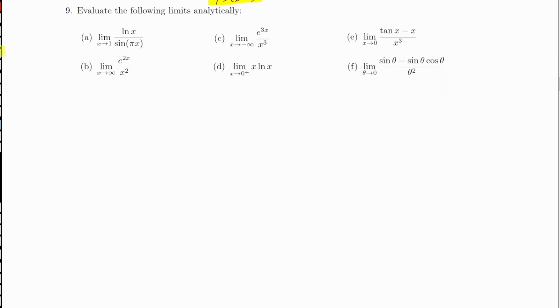Okay, problem 9. Let's do some limits. First one, limit as x approaches 1 of ln of x over sine of pi x. All right, let's try direct substitution. If I plug in a 1, ln of 1 is 0. Sine of pi is 0. So we have a 0 over 0. So we can use L'Hopital's rule.